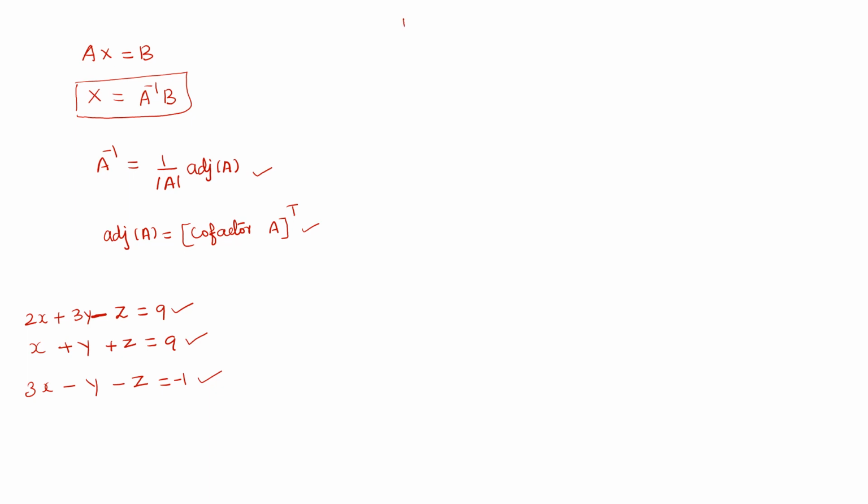Okay. So from this equation, now I frame a matrix, the coefficient matrix A. What is the coefficient matrix? The coefficients of x, y, z. In the first equation, the coefficient of x is 2, the coefficient of y is 3, the coefficient of z is -1. Similarly, for the second equation, the coefficient of x is 1, y is 1, z is 1.